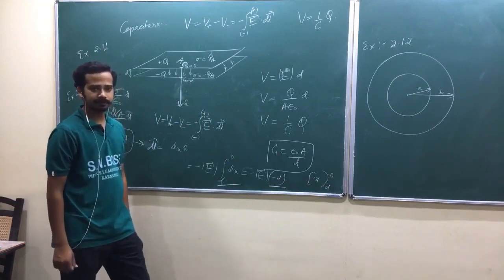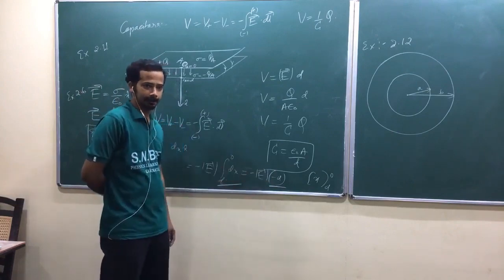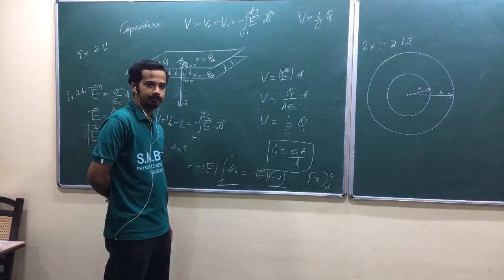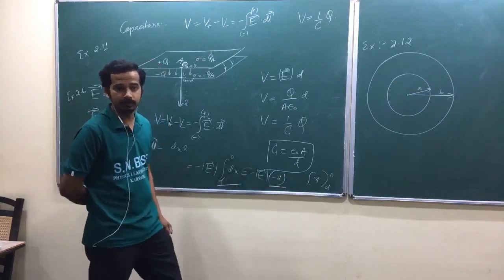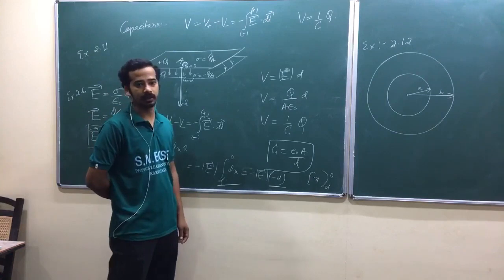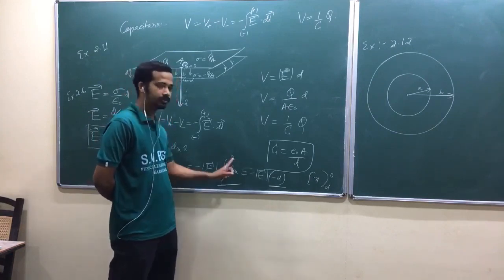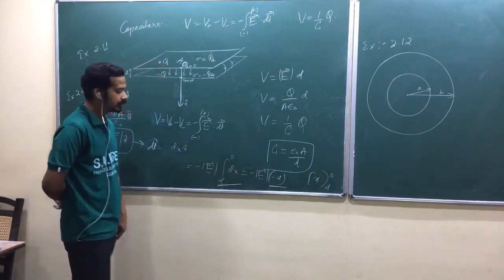It is a summation of dx1, dx2. Just forget about those limits. The integration of dx will be a negative quantity, depending on from where to where. If you are moving along the positive x-axis, definitely you will get positive, isn't it? Suppose you have moved from 0 to d, you will get positive. Since you moved from d to 0, you get negative. So this will play the role here.